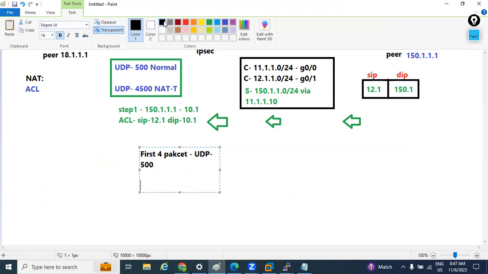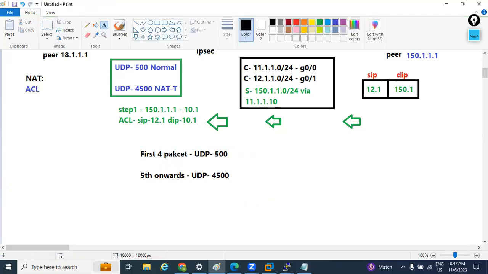And after that, from the 5th packet onwards, your UDP port number would be 4500. Is that clear? 5th packet onwards, UDP 4500 would be there.